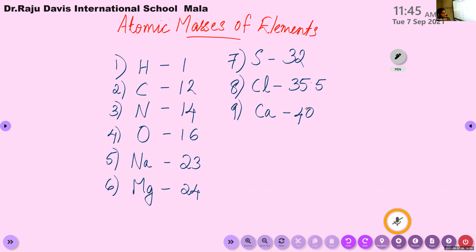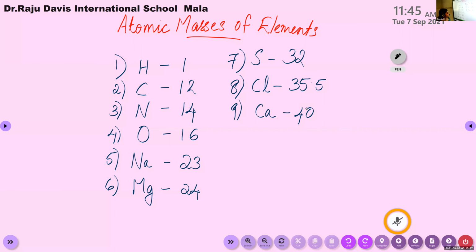Suryadev, can you please read? H is equal to 1. H for? Hydrogen. Yes, hydrogen 1. C is equal to 12.